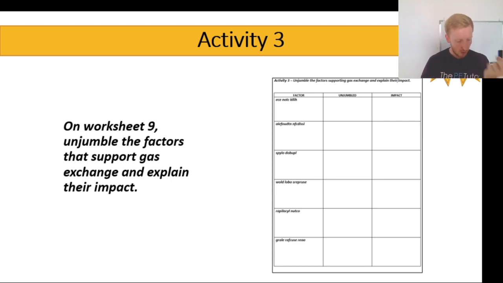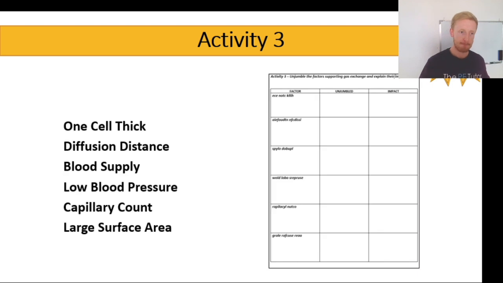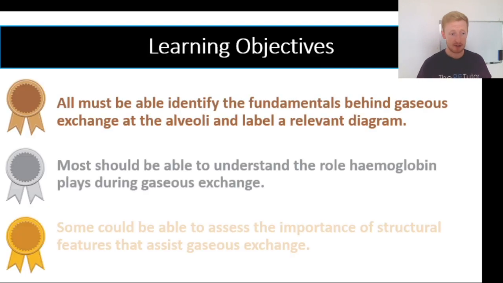So yes, we know fat can build up and tar can build up, but what's the impact? And there's also a third activity sheet, just to progress you on to those extra factors.